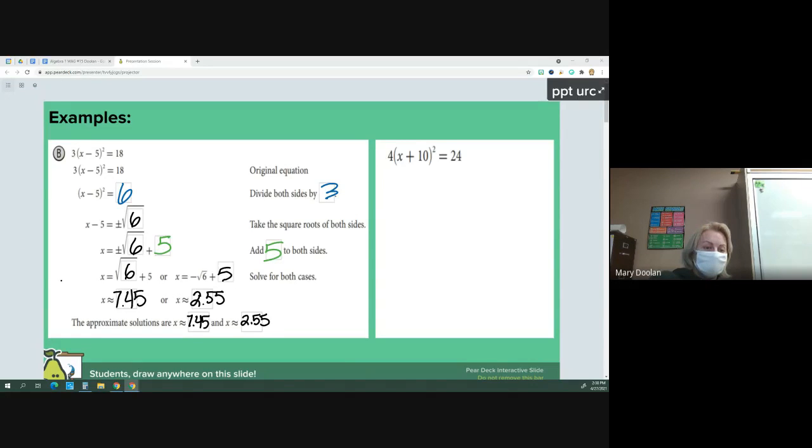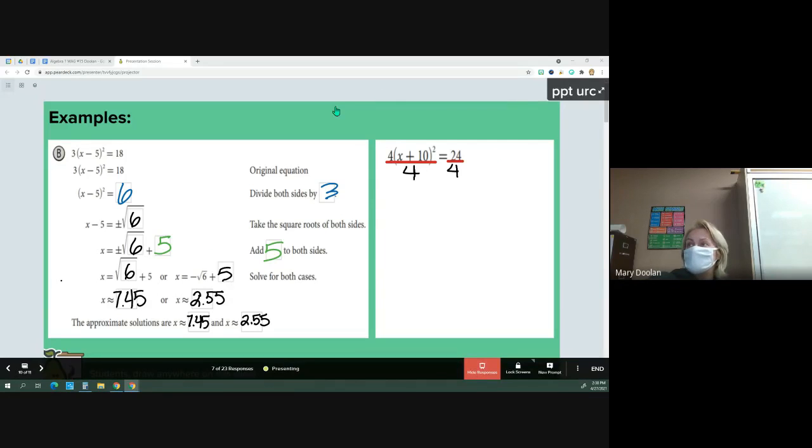So I'm going to divide by 4 first, on both sides. That's what you guys should be doing first on your slide. Divide both sides by 4, and then write your new equation.